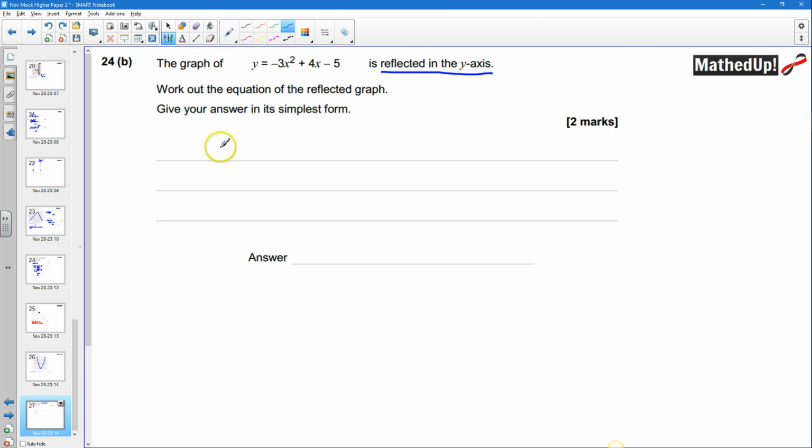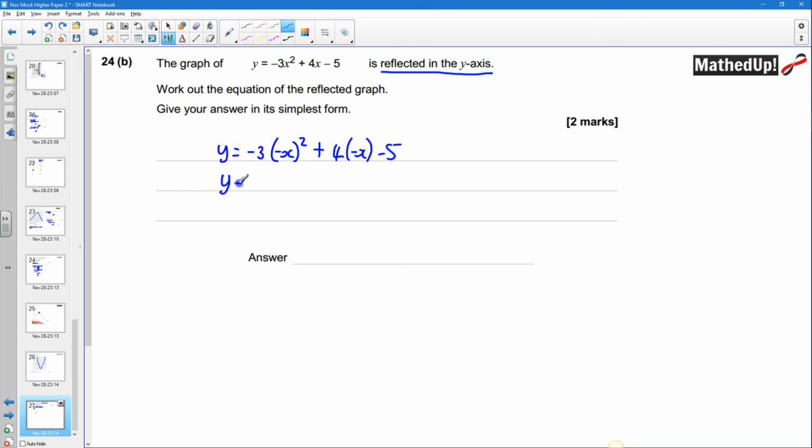So I'm going to rewrite this to reflect it in the y-axis. I'm going to say y is equal to negative 3, and I'm going to replace that x with a negative x squared plus 4 times negative x take away 5. So this is now reflected in the y-axis. We do, however, need to give our answer in its simplest form.